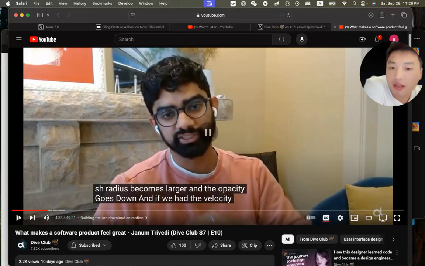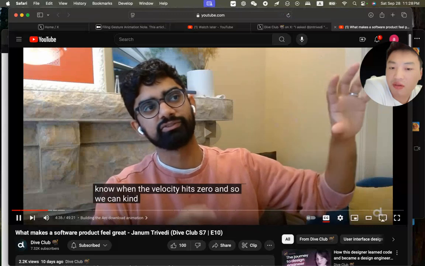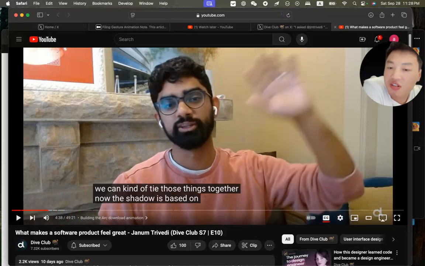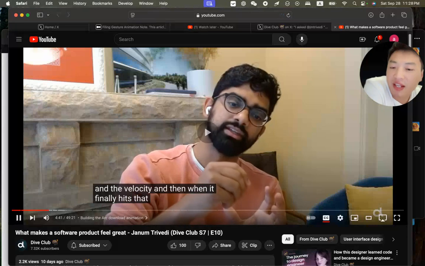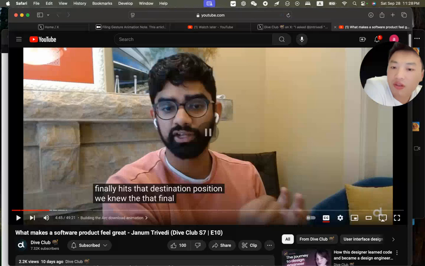If we have the velocity, we know when the velocity hits zero, so we can tie those things together. Now the shadow is based on the position, and then when it finally hits the destination position, we know that final velocity.